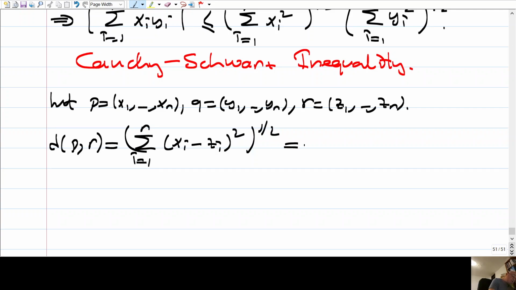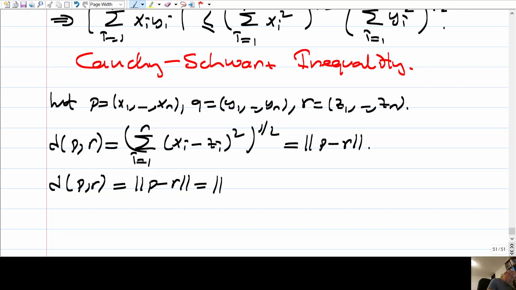This is, of course, the norm of the vector, okay? And we would like to prove the following: d(P,R) will be less than or equal to the sum of the other two distances.